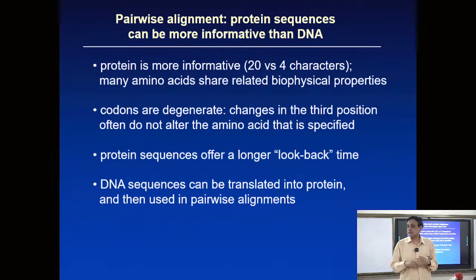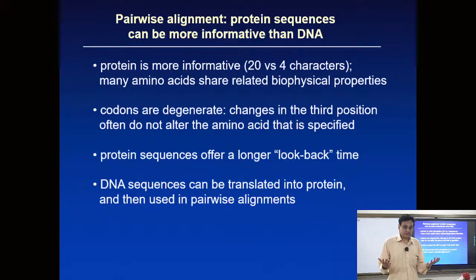So, if there are multiple codons coding for an amino acid, changes particularly in the third codon position will not result in a different amino acid. Which means that DNA could change more, yet protein may not, because changes in the third codon position may not result in a different amino acid.